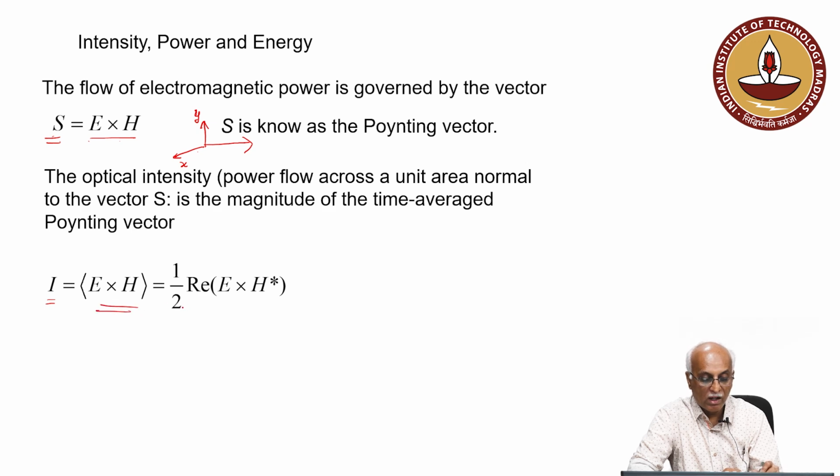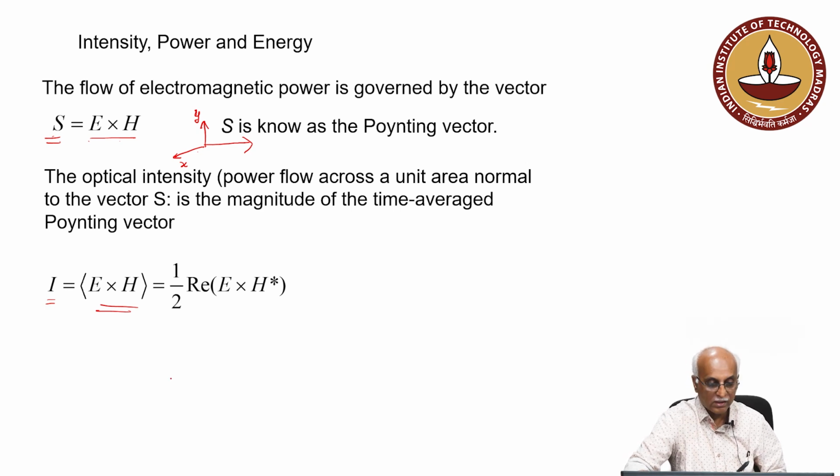It is a time average, so half of the real part, because being a sinusoidal wave, the intensity will also vary sinusoidally while propagating. That is half of the real part of E cross H bar. There are two terms associated with this: one is the energy density term, and the other is the intensity term.